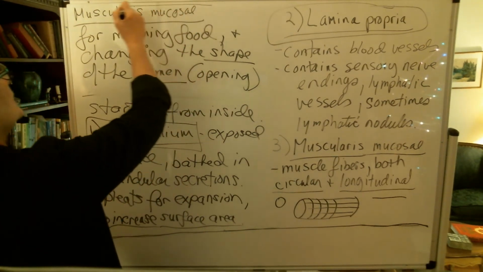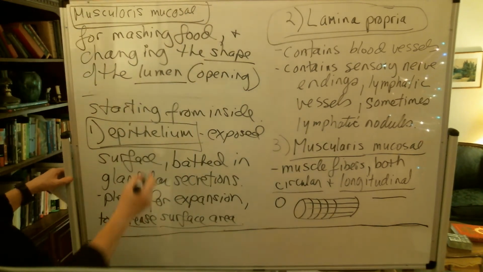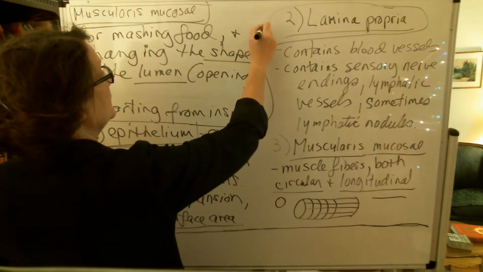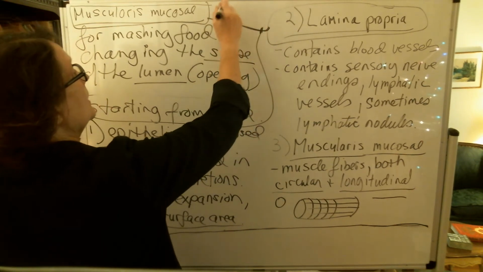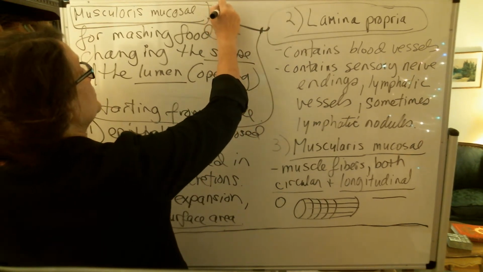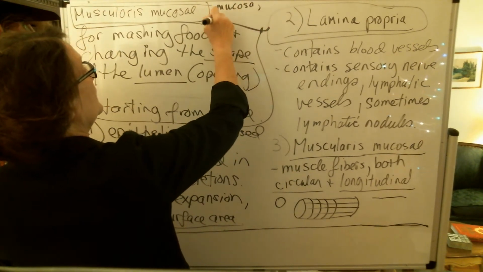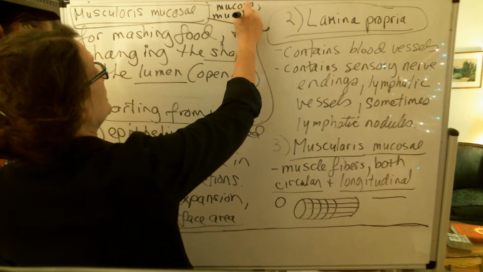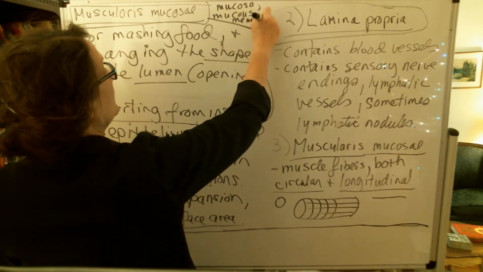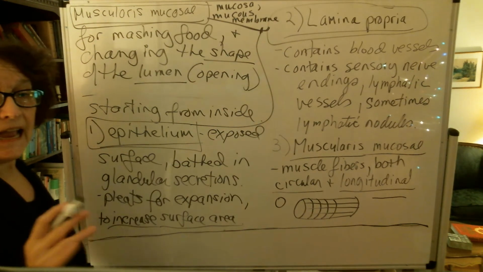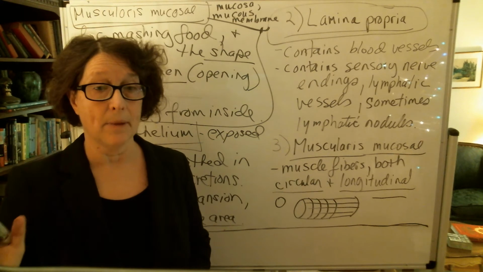Sometimes the muscularis mucosa is also included in this sort of general purpose combined membrane that is known as the mucosa or the mucous membrane.